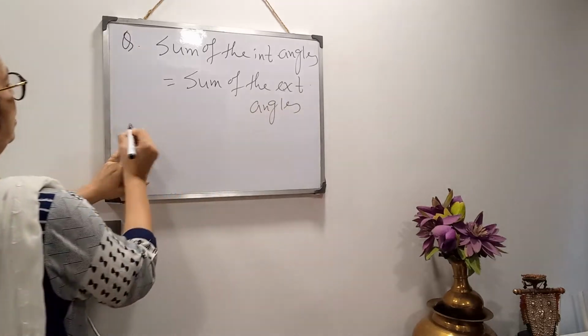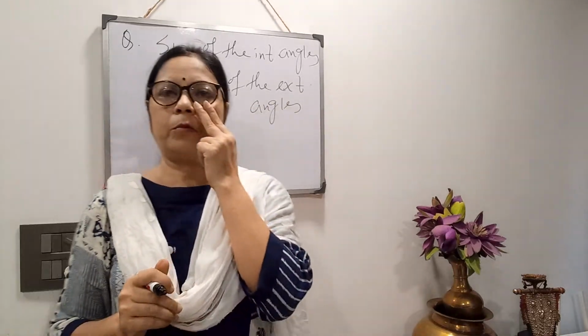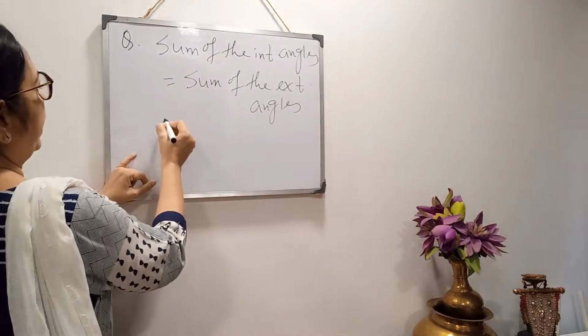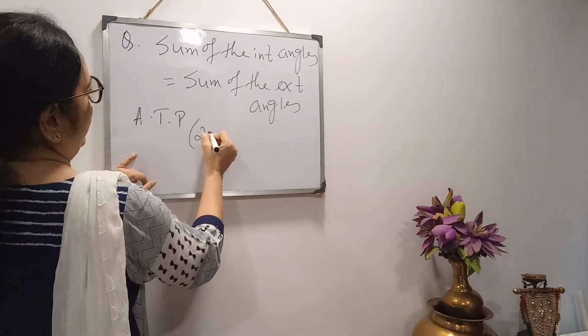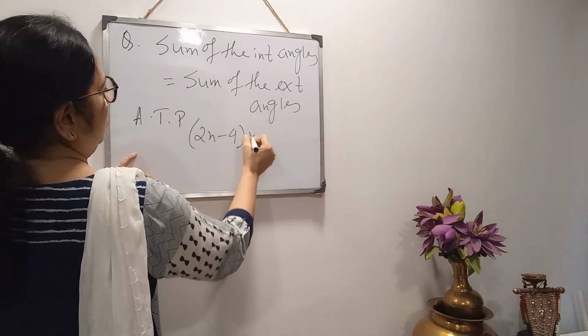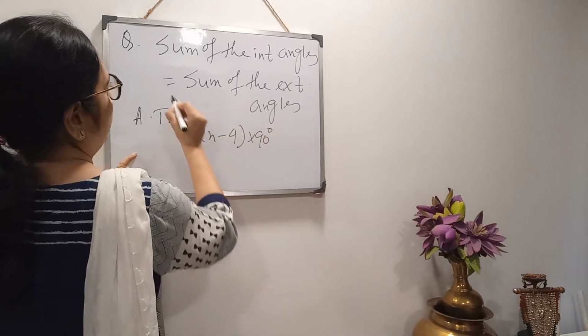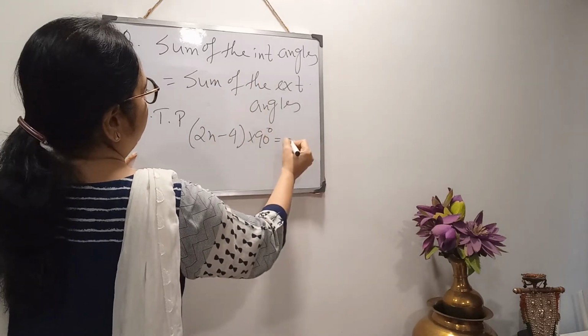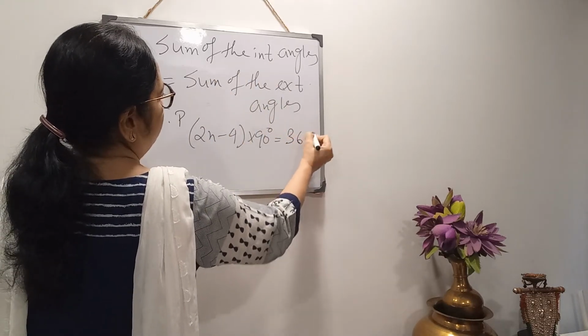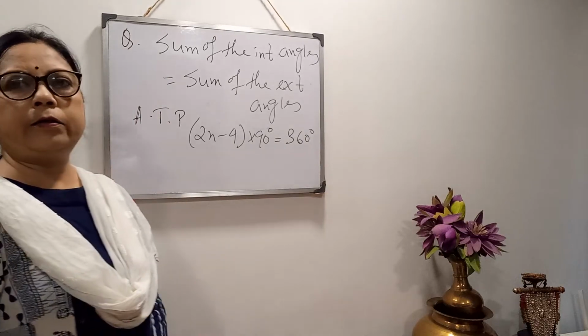What is the formula of the sum of the interior angles? So according to the problem, (2n minus 4) into 90 degree. This is the sum of interior angles. And the sum of exterior angles is 360 degree. Always it is 360 degree.